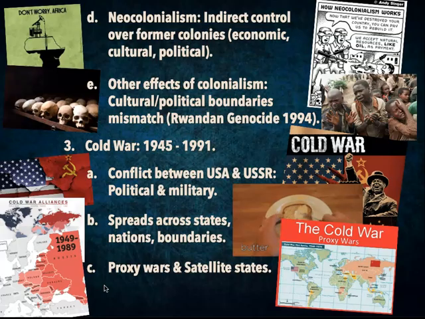Satellite states. These are usually countries that are controlled, and this really is a term that gets attached to the Soviet Union. The Soviet Union freed a whole bunch of Eastern European countries at the end of World War II, countries that the Nazis had taken over. As the fighting was coming to an end and the Germans were clearly losing, the Soviet Union freed these countries.